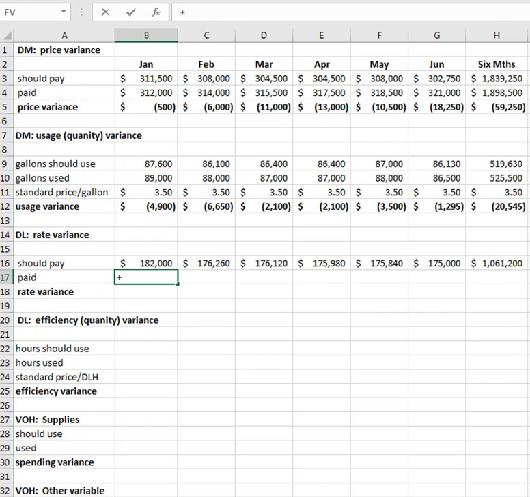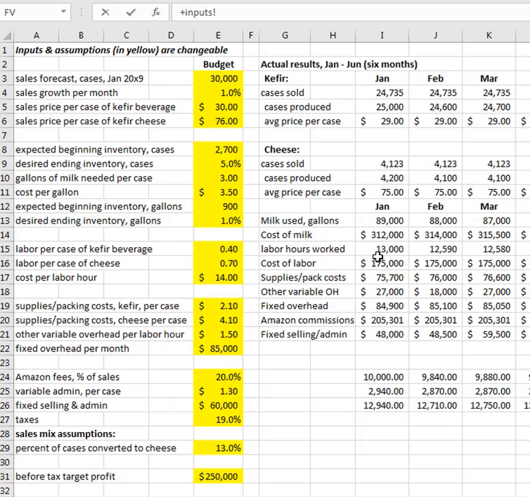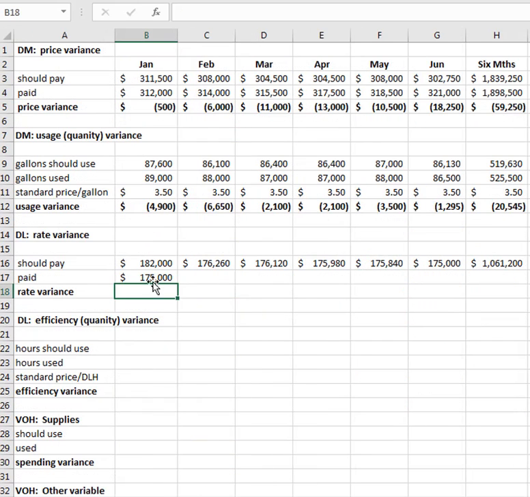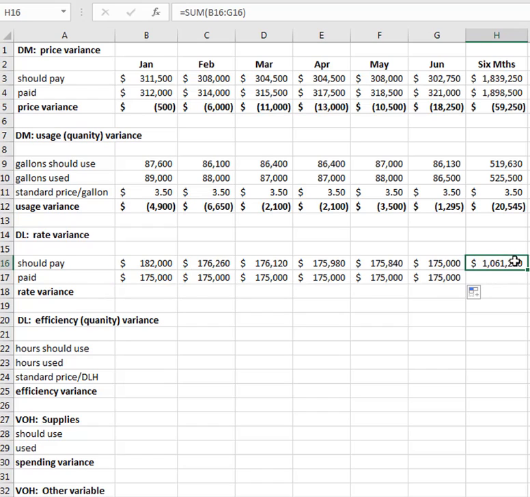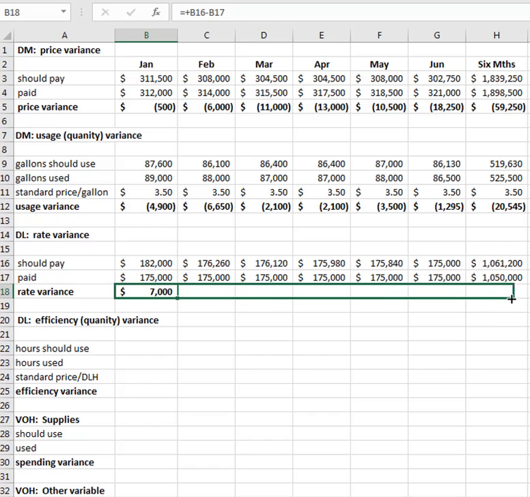And then what did they pay? And now you can do a comparison. So what they should pay minus what they did pay, and you get a variance. And we can pull that on over.